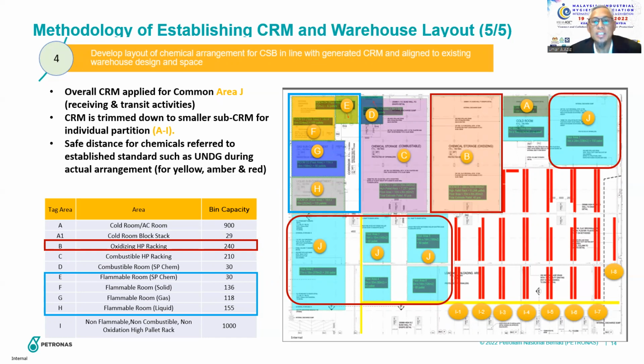This CRM is then trimmed down to smaller sub-CRMs for individual partitions, denoted as A area up to I area. It includes co-room, oxidizing agent, combustible room, and flammable rooms for gas, solid, and liquid.